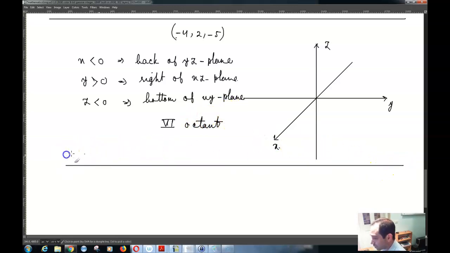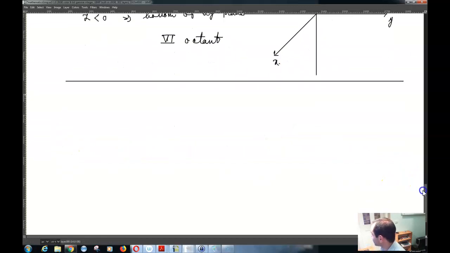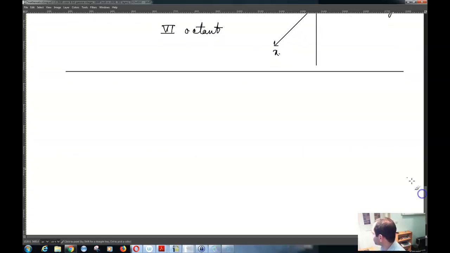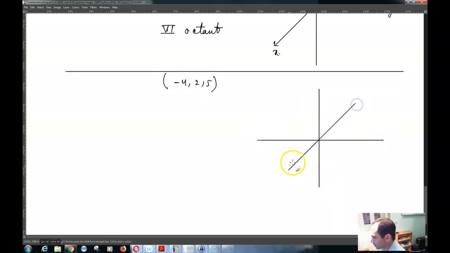Now, if you are at -4, 5, this point over here, x, y, and z, so your x is negative.